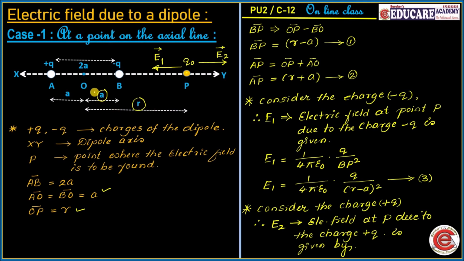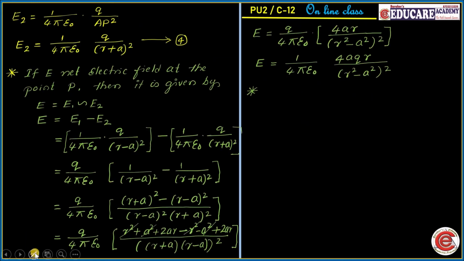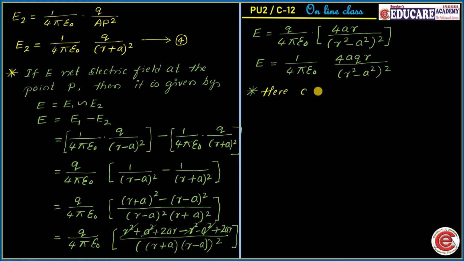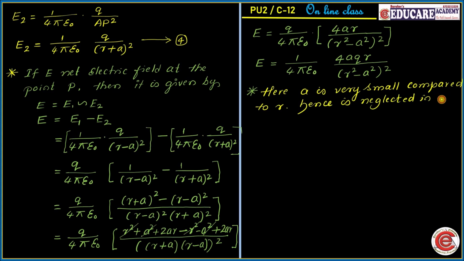So therefore a will be very, very small compared to r. In this result we can neglect the a. Here a is very small compared to r, hence it is neglected in the denominator of the above equation. Hence we get E is equal to 1 divided by 4 pi epsilon naught into 4aq into r, which is kept as it is, whereas here a is neglected.